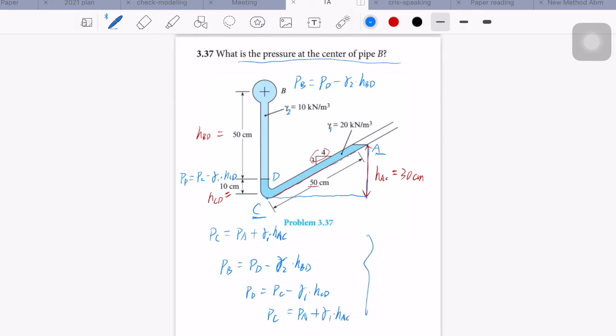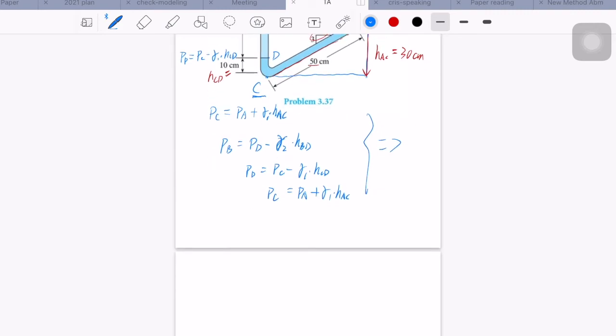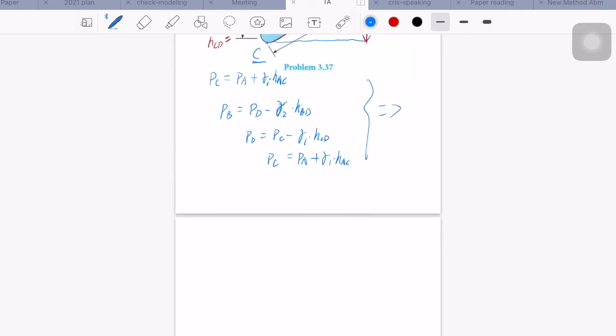So now we can get that PB should be equal to PA plus gamma 1 times HAC minus gamma 1 times HCD minus gamma 2 times HBD.